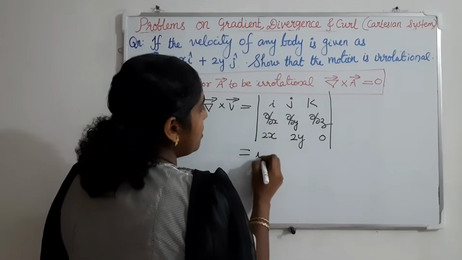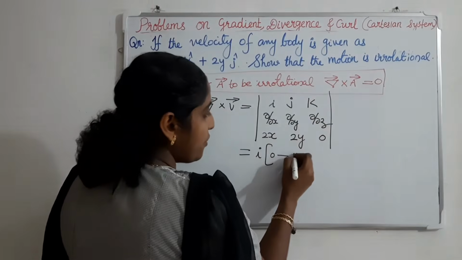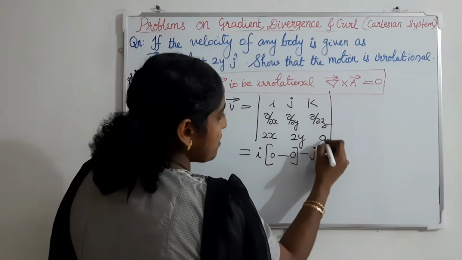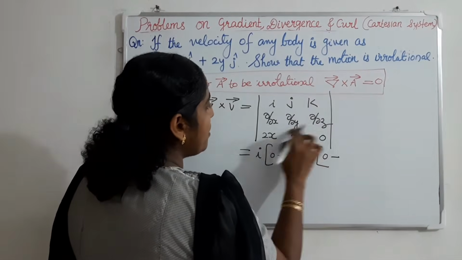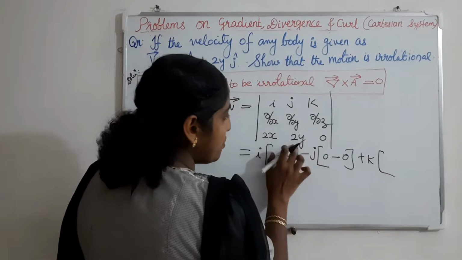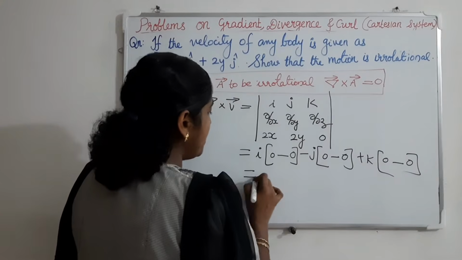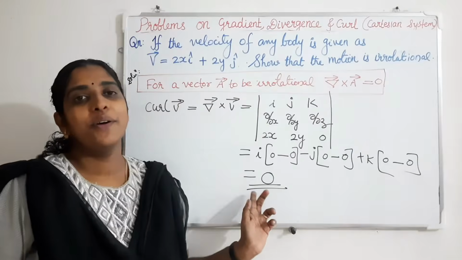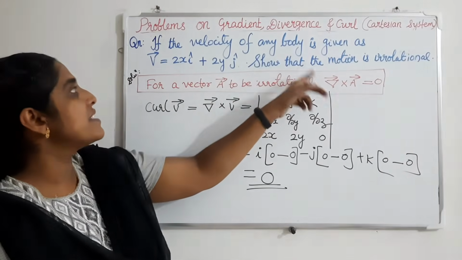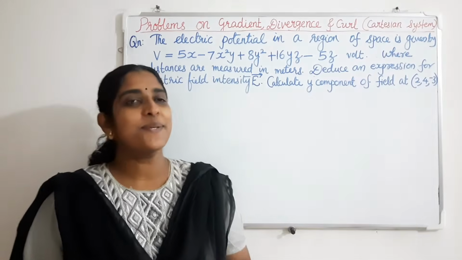That is i into (dou by dou y of 0 is 0 minus dou by dou z of 2y, that is also 0), minus j into (dou by dou x of 0 is 0 minus dou by dou z of 2x is 0), plus k into (dou by dou x of 2y is 0 and dou by dou y of 2x is 0). That means we are getting a 0 vector. Due to this 0 curl, we can say that the motion described by the given velocity vector is irrotational.